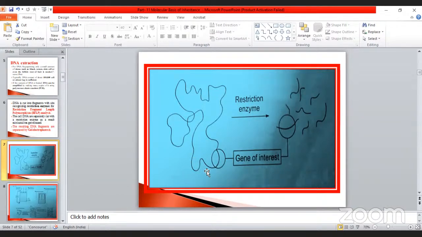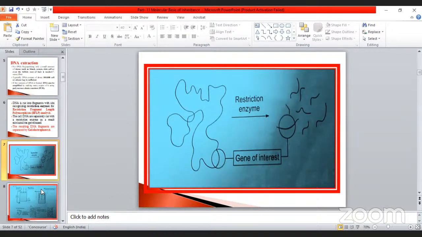It is cut into fragments or minisatellites. From this one, we are going to amplify and separate the molecule. This is the gene of interest, this portion only, and we are going to analyze it through gel electrophoresis.